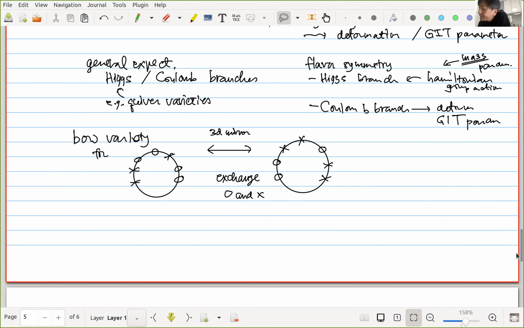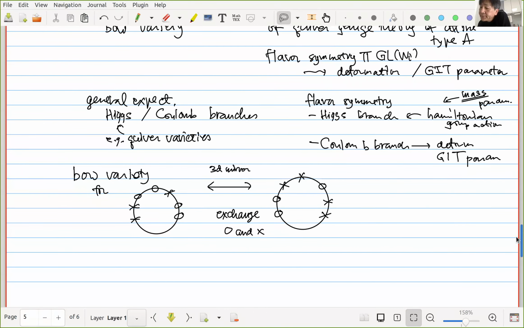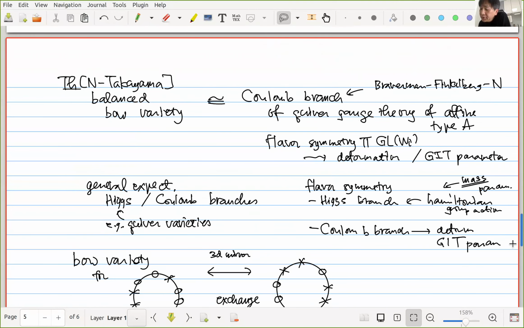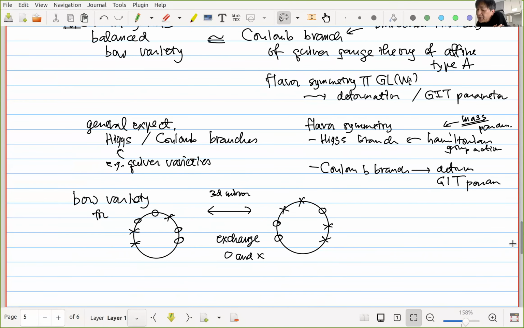As far as I know, this duality includes basically all the known examples of symplectic dual pairs. I think this is the most general.